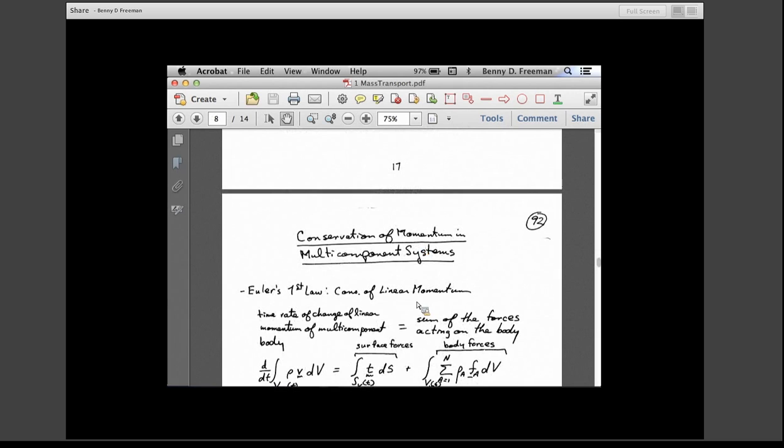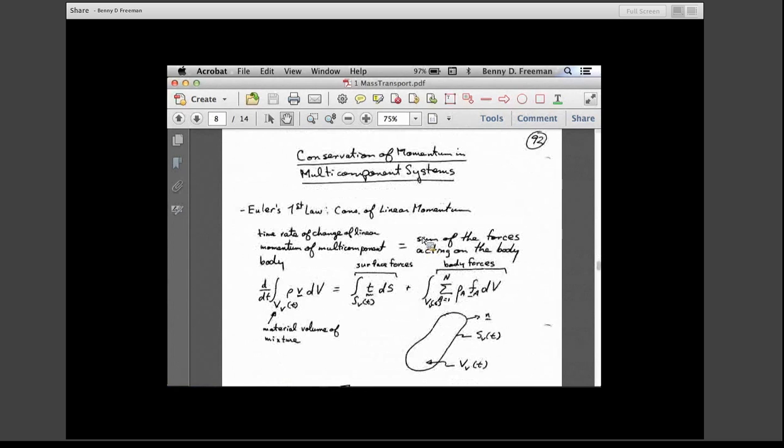I'm not going to belabor this point because it is of tangential interest to most of the problems that we will solve in this course. But these so-called point equations for continuity of species A and for mixture continuity can also be used with the principles of conservation of linear and angular momentum.